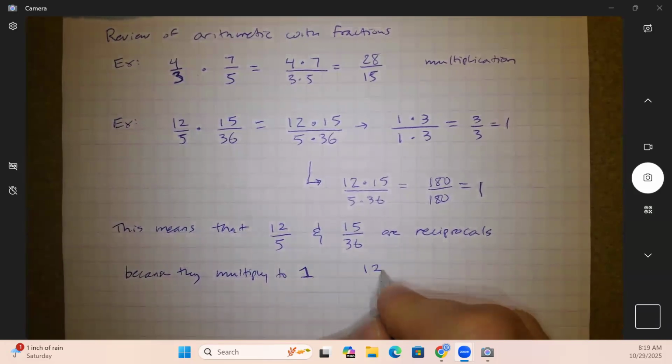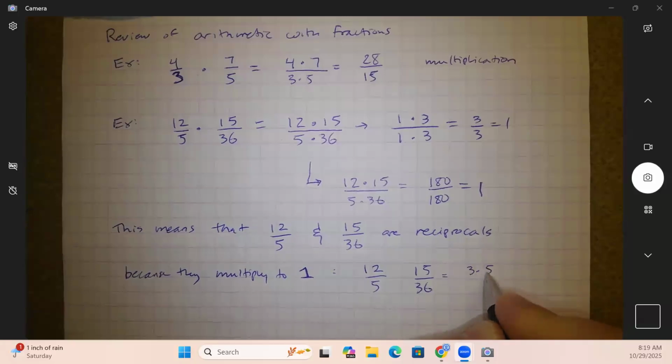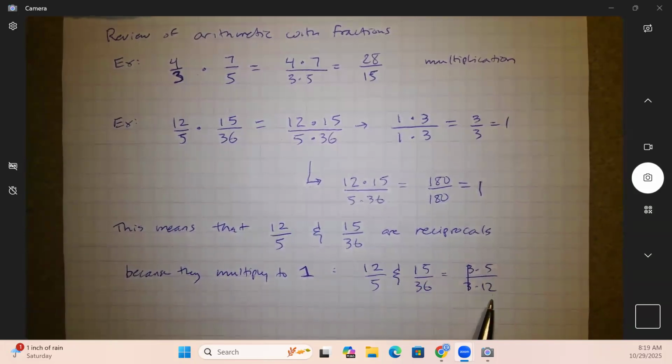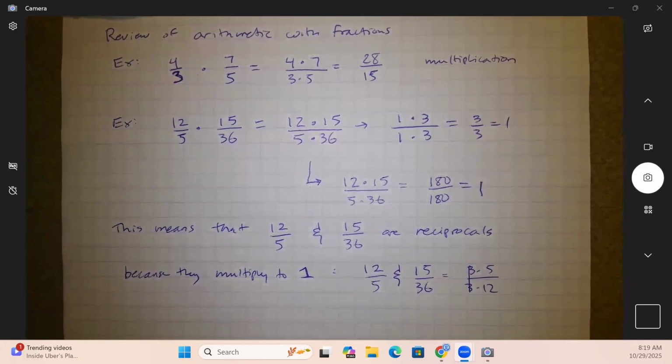And it's probably a little bit easier if we write the 15 over 36 as 3 times 5 over 3 times 12, and then we can see, yeah, for sure, 15 over 36 is the same as 5 over 12. And now I can see how it's just a flipped fraction. And reciprocals are going to be one of our biggest tools for solving equations with fractions.